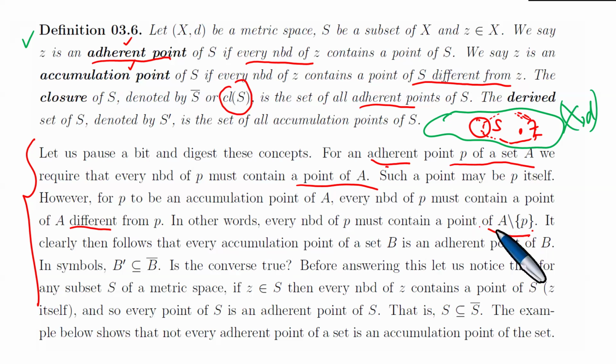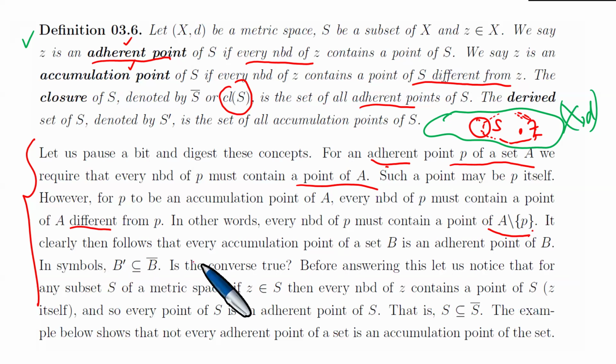It must be a point of the complement because it is a point of A different from P. If the point is different from P, then it must be in the complement of P. Otherwise, if it's not in the complement of P, then it can be the same as P, which becomes an adherent point. The accumulation point must make sure that this point is in the complement of the region that contains P.